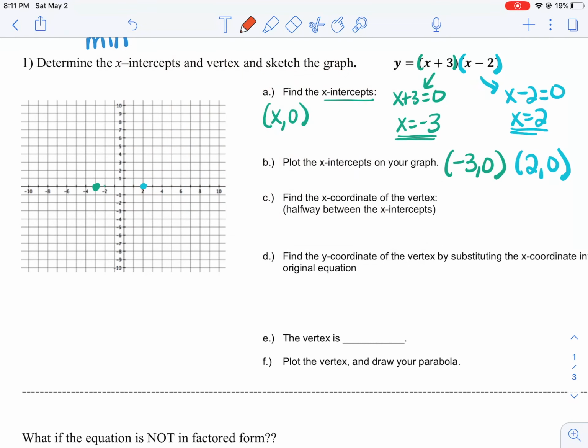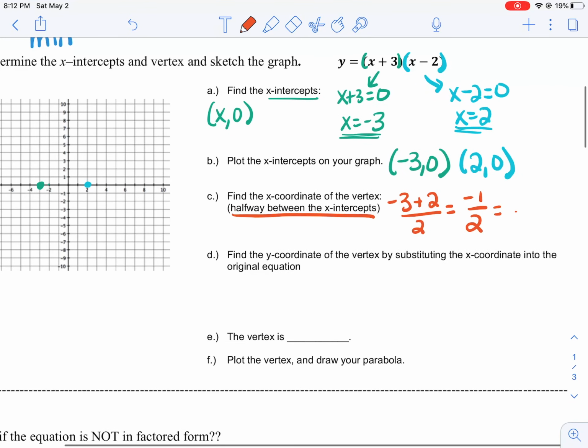So how do we find the vertex? Halfway between my x-intercepts. My x-intercepts were -3 and 2, so -3 plus 2, divided by 2. -3 plus 2 is -1, divided by 2, which is the same thing as -0.5. So -0.5 is my x.